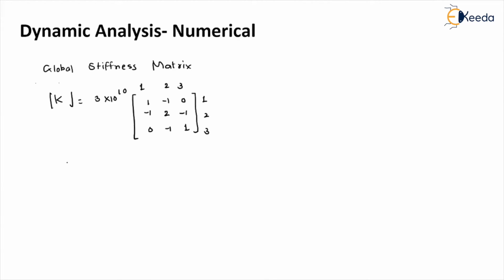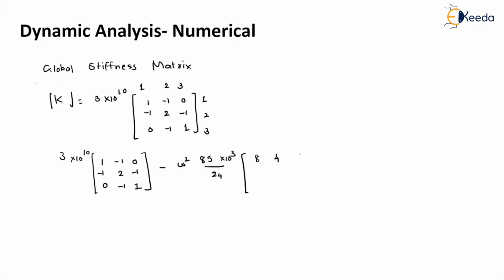So if we put all these values in the free vibration equation, we get 3 into 10 raised to 10 times the global stiffness matrix 1 minus 1 0, minus 1 2 minus 1, 0 minus 1 1, minus omega square into 85 into 10 raised to 3 divided by 24 times the global mass matrix 8 4 0, 4 10 1, 0 1 2, with the whole bracket closed, into the displacement vector u1 u2 u3 is equal to 0.